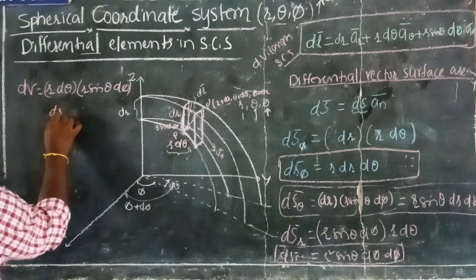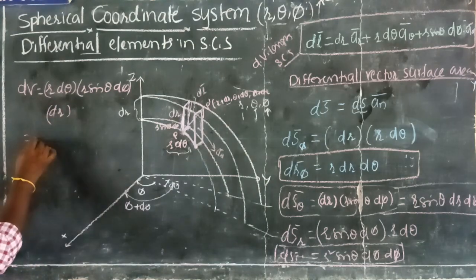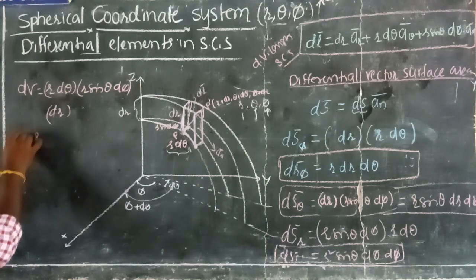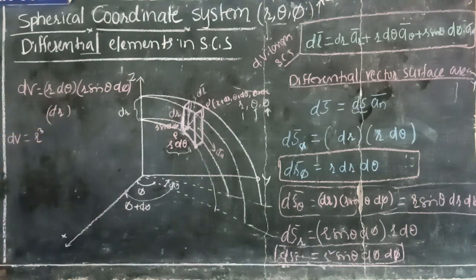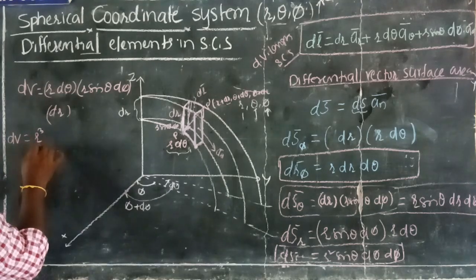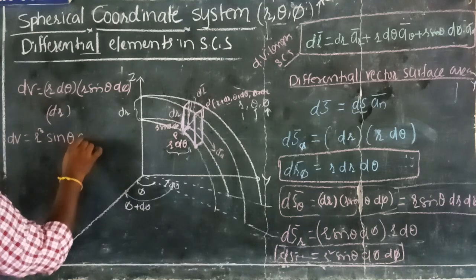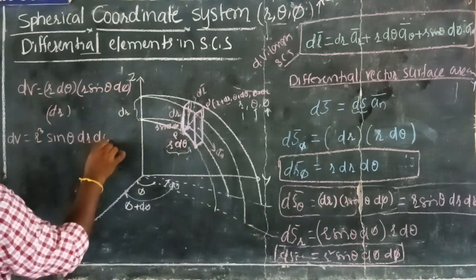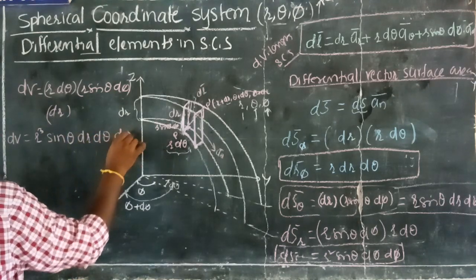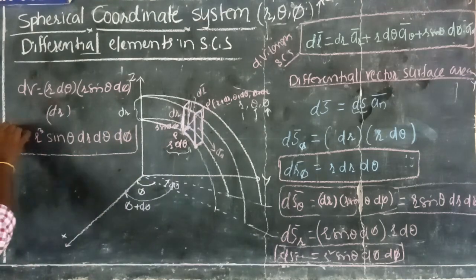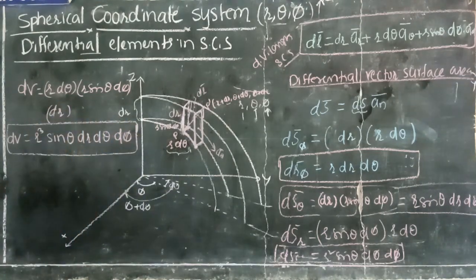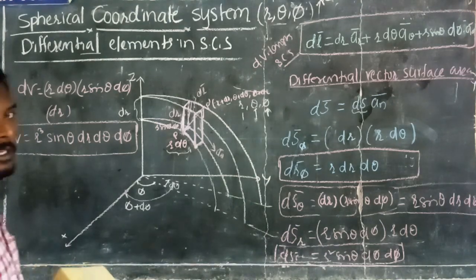It is dr. Multiplying, dv is equal to r cube sin theta dr d theta d phi.